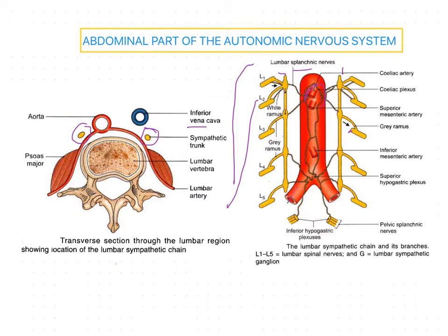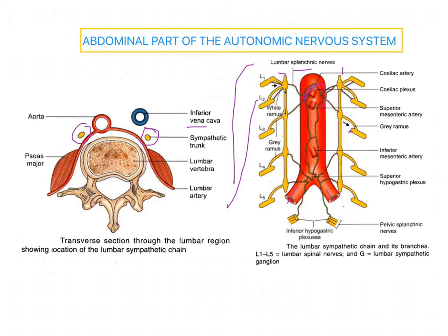These are the common iliac vessels. Here you can see the lumbar chain ends by becoming continuous with the sacral part of the sympathetic chain behind the common iliac vessels. So here we can't see this sympathetic chain.